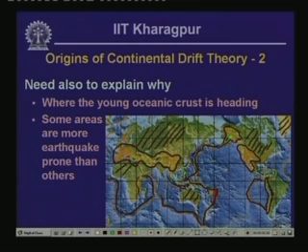So these are the questions that started bothering geologists as to why in some areas of the earth you have got so many earthquakes, whereas in other areas there are so few earthquakes occurring.